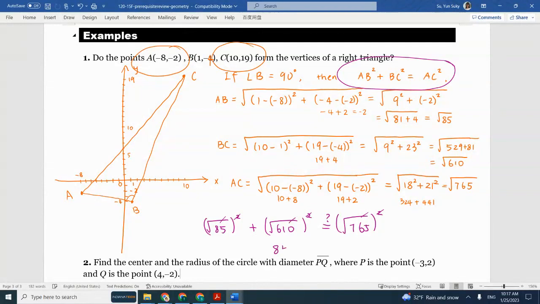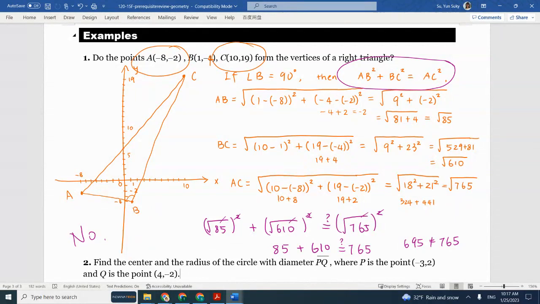So we're actually asking, is 85 plus 610 equal to 765? No, right? On your left-hand side that is 695. Of course, it's not equal to 765. So therefore, no. This is not a right triangle. So the answer is no.